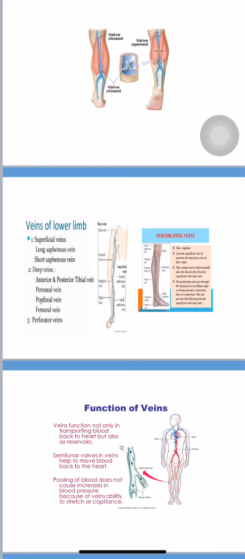The deep veins are the anterior and posterior tibial veins, peroneal vein, popliteal and femoral veins. The perforating veins pass through the deep fascia, joining the superficial to the deep system veins.